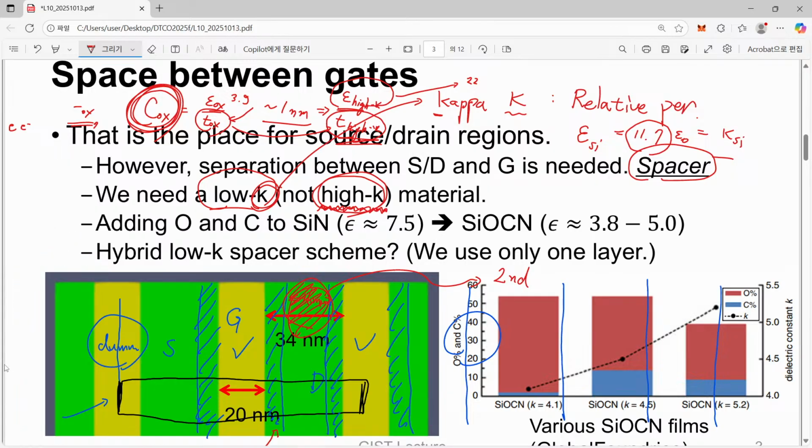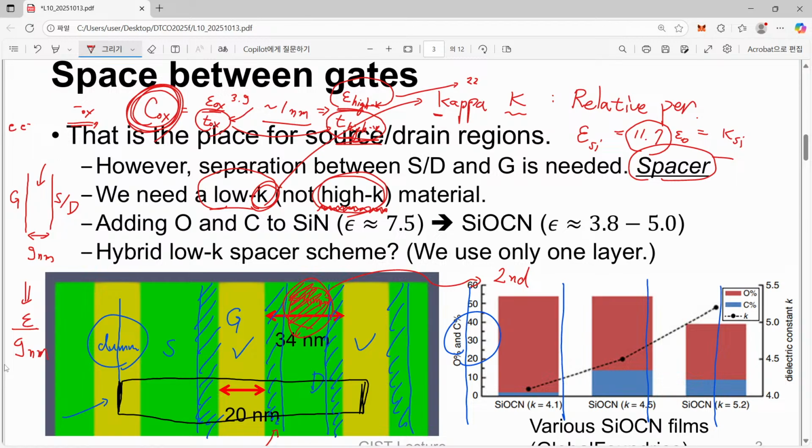We have already been given the number of 9 nanometer. Here we have 9 nanometer spacing for our spacer, and here we have a gate, and here we have a source and drain. And if we use high K material here, then what will happen? The area capacitance will be just epsilon divided by 9 nanometer.